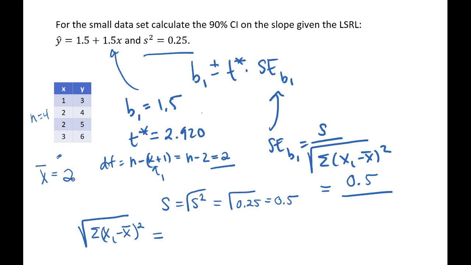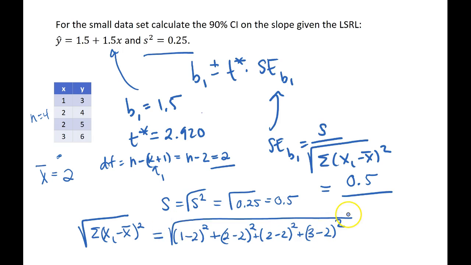So we take the first observation, 1, minus the mean, square it, then add the second observation, 2 minus 2, squared, plus 2 minus 2, the third observation, squared, plus the fourth observation, 3 minus 2, squared, and take the whole square root.